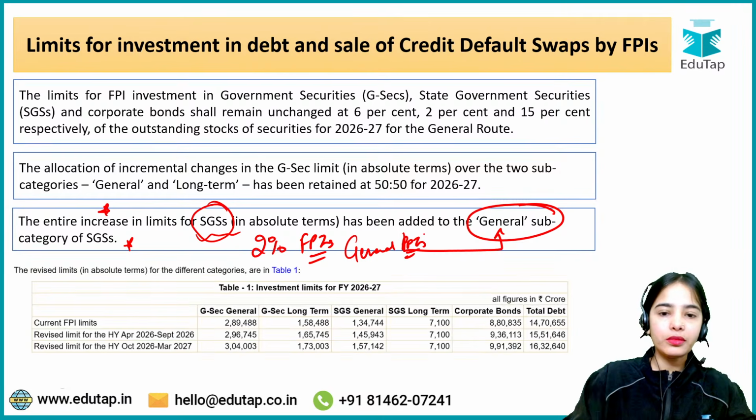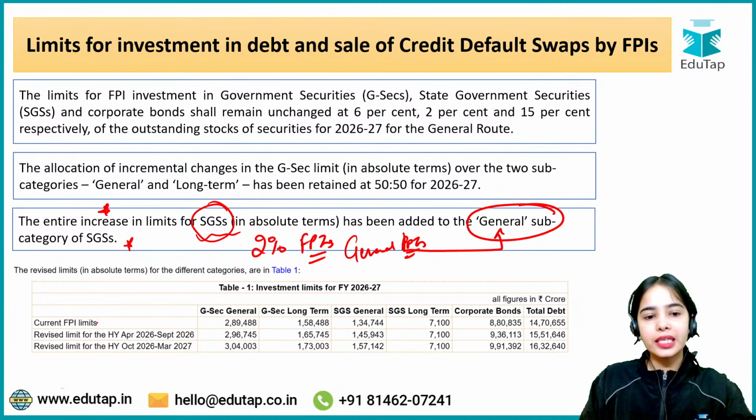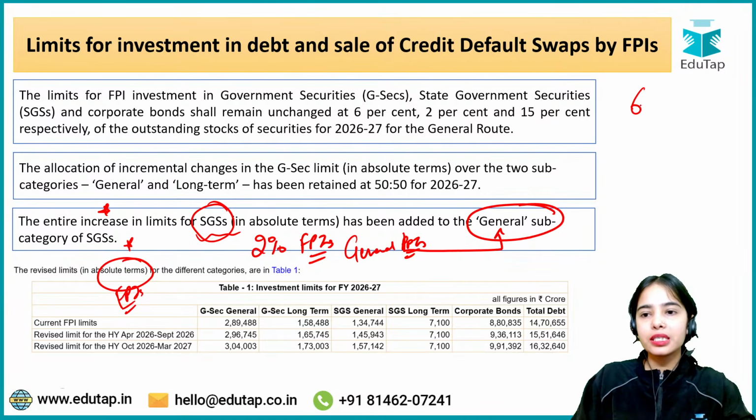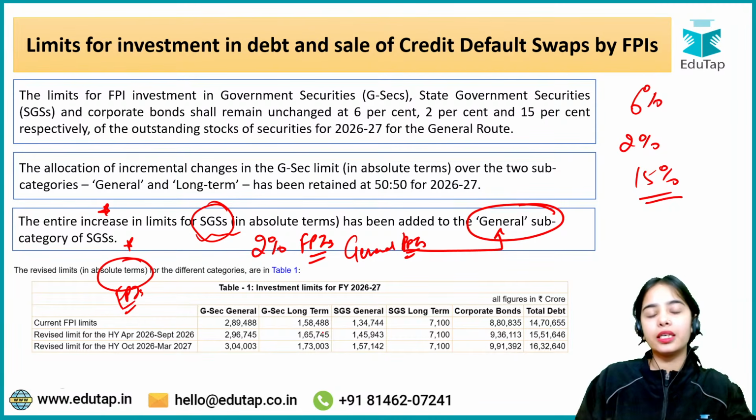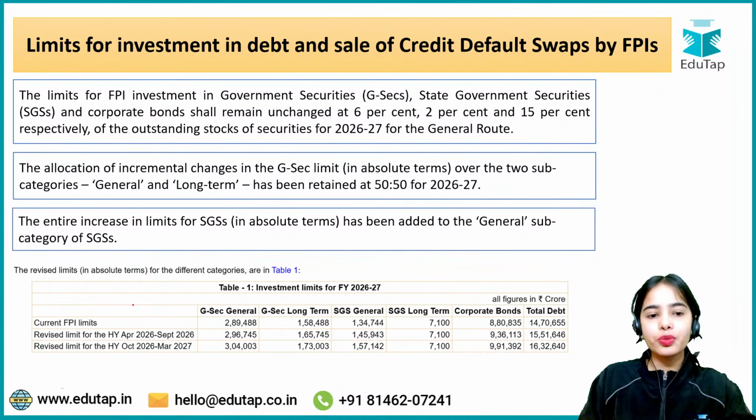Okay, that is the idea. So here you can see that the RBI has also given the absolute value of how much is the limit for the FPI. So in the percentage terms, 6% for the government securities, 2% for the state government securities, 15% for the corporate bonds. But the RBI, in terms of the absolute value, also has given these limits.